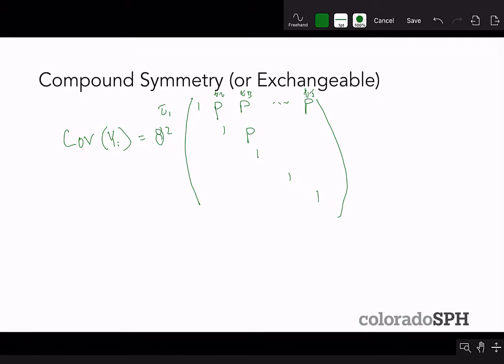Just writing out the rest of this matrix. And again, these matrices are symmetric, so what you have on the top half of the diagonal is going to match what you have on the bottom half, but I'll still write some of it out.